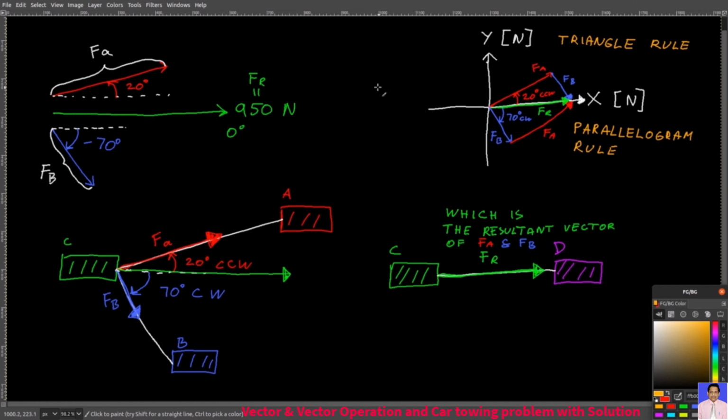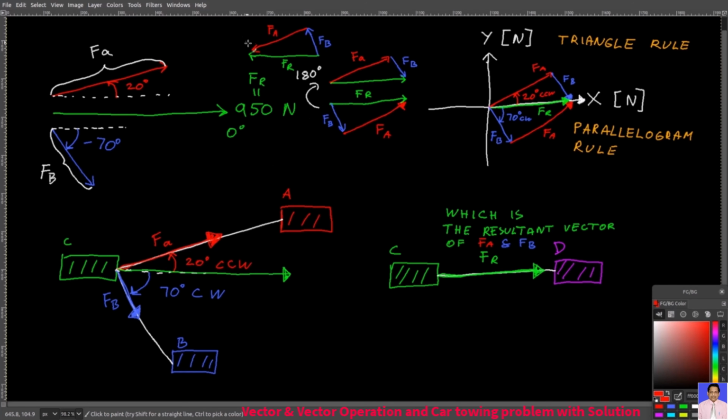Both of them have this side, which is Fr; this triangle has Fa here and Fb here, and this triangle has Fb here and Fa here. If you take the lower triangle and turn it 180 degrees, it will look like this.